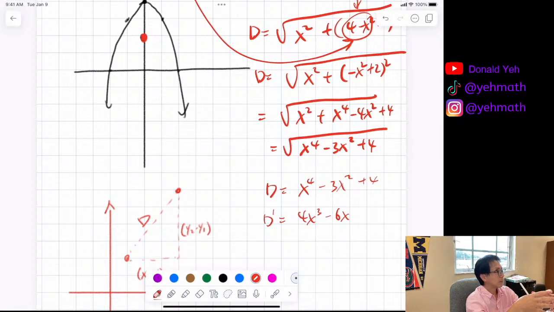So only for distance questions we can do this? Only in this situation, just to make your life easier, because we're not trying to optimize the whole square root part. We're trying to optimize the inside. You're just trying to find the x value that gives the optimum, so you don't need to worry about the square root.